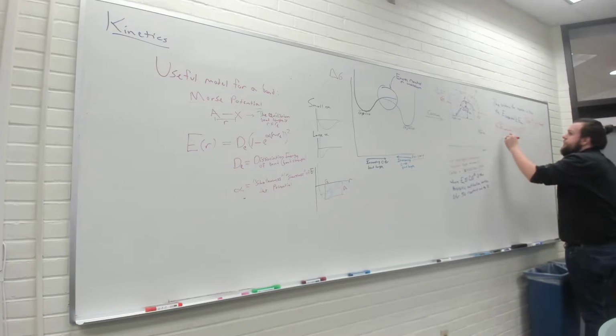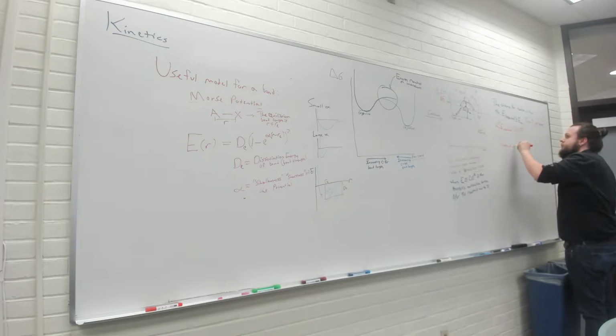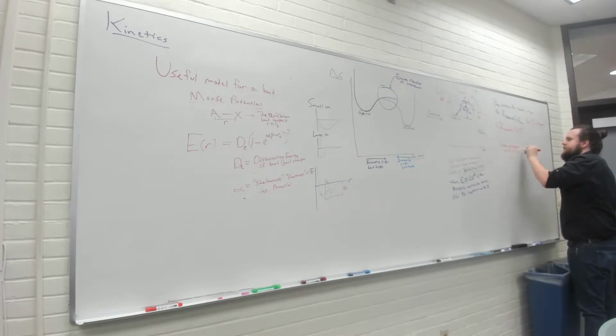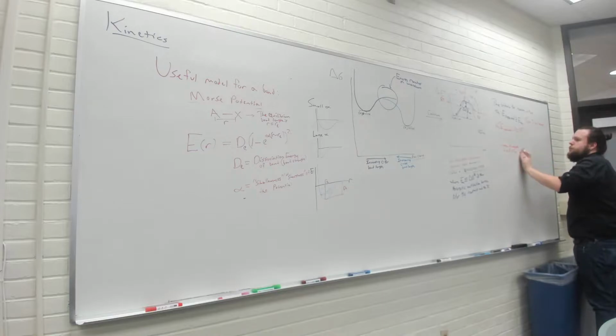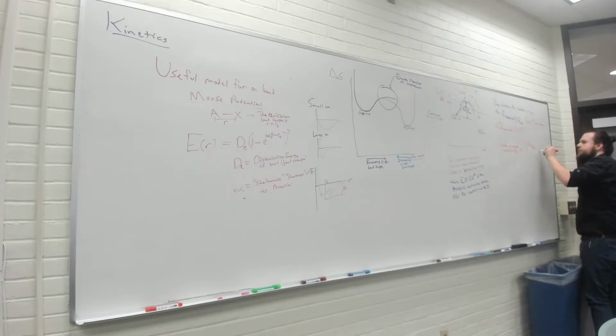Right? And the fraction of molecules with energy equal to some value, let's just say E_K, is proportional to e to the minus E_K over RT. This is just Boltzmann's equation.